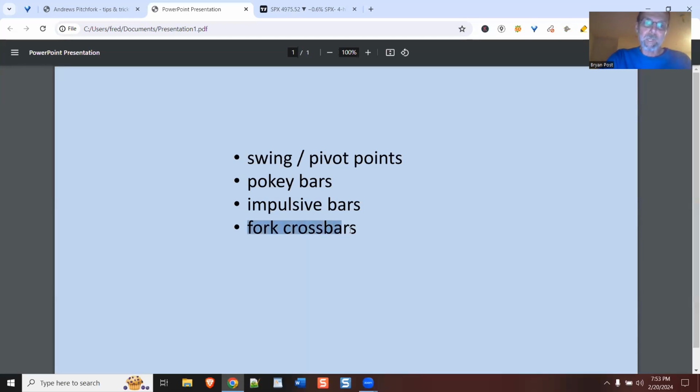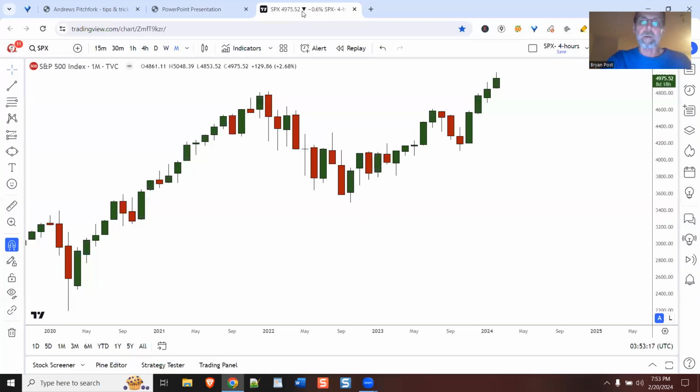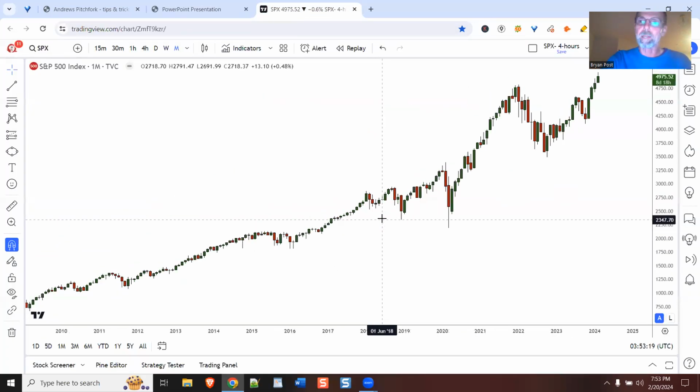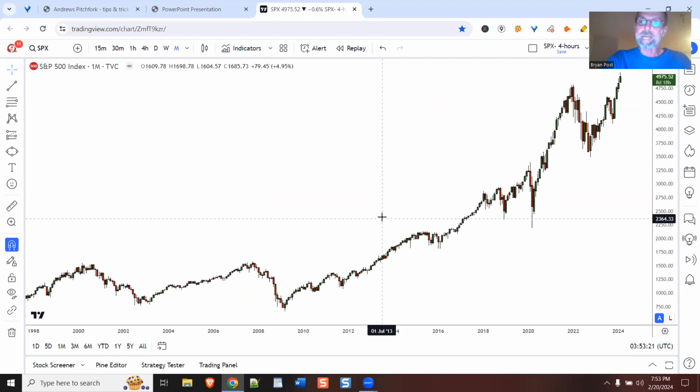Now the last tip or trick I want to talk about for drawing Andrews pitchforks is crossbars. I'm not sure how else to refer to that. Let's zoom out again.